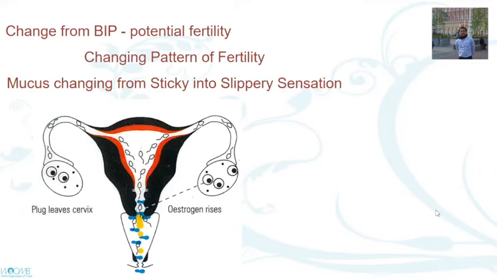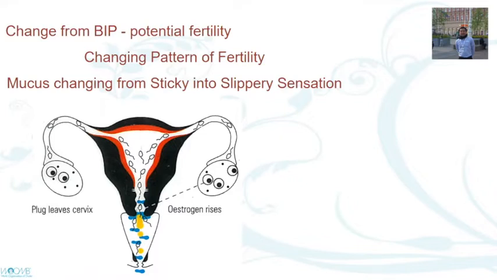So we call this the changing pattern of fertility. This is the third phase of the cycle. Look at the diagram in the PowerPoint presentation. During the days of the changing pattern of fertility, the cervix is open. Estrogen begins to rise because follicles are all awake.